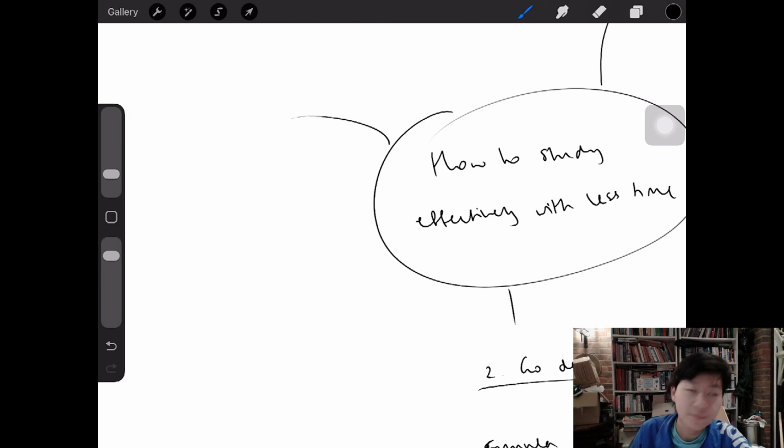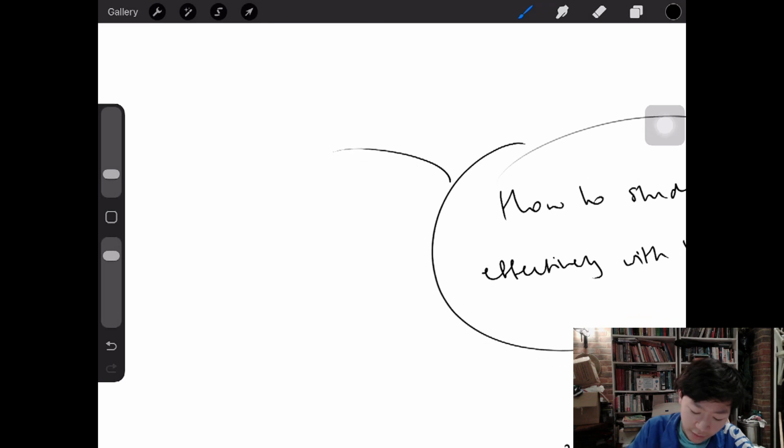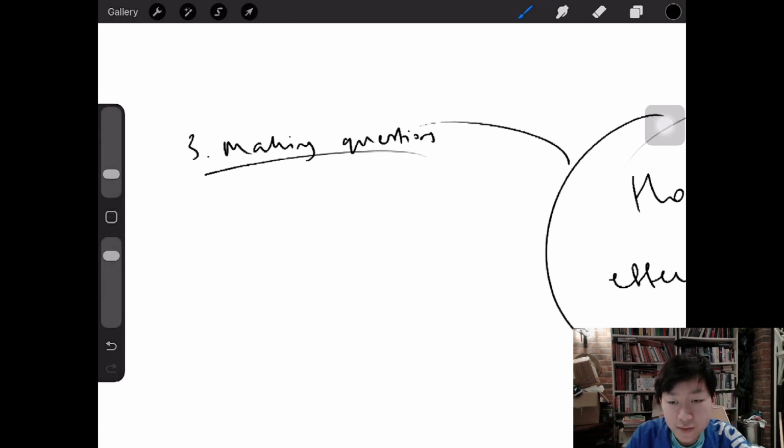And then finally I'd like to talk about making questions. So basically, just make questions about things that you're not too sure about. So maybe something that you find quite confusing right now. When you're revising in the future, you can look back on those questions and answer them. If they're confusing to you at first, then fine.